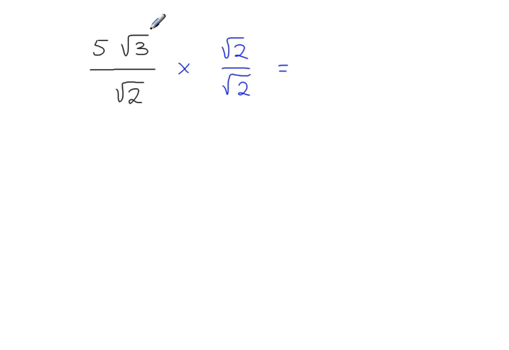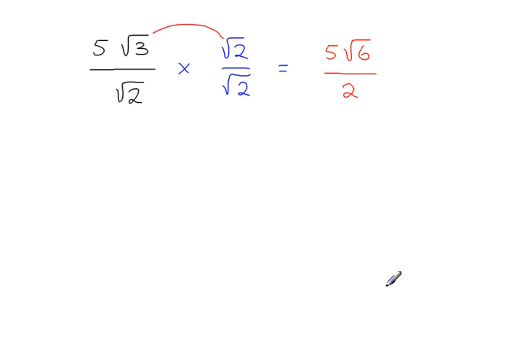So along the top here, root 3 times root 2, so 3 times 2 is 6, so that gives root 6, which cannot be simplified, times the 5, over root 2 times root 2 is 2. So once again, the denominator is a rational number. We have rationalized the denominator.